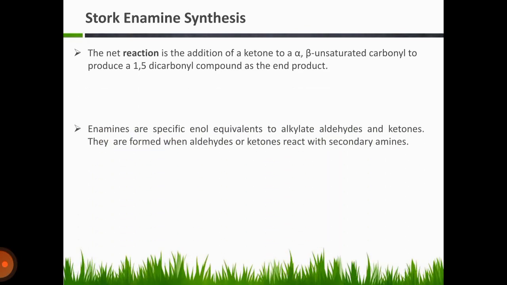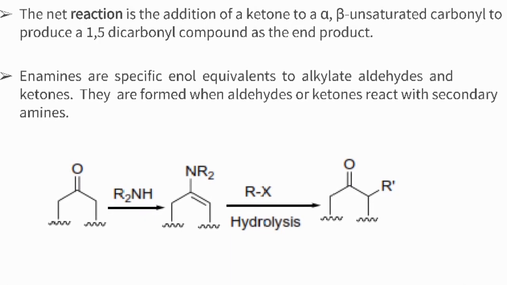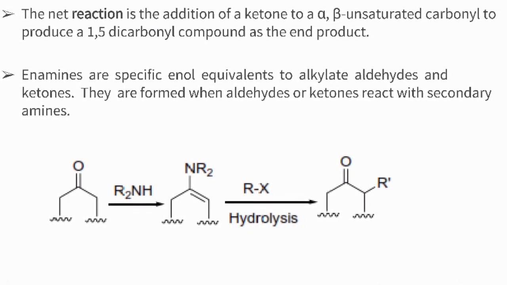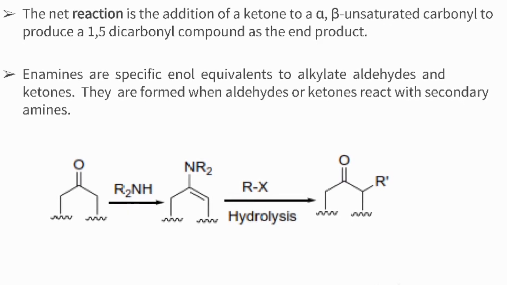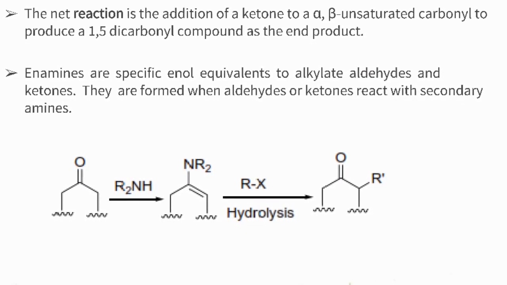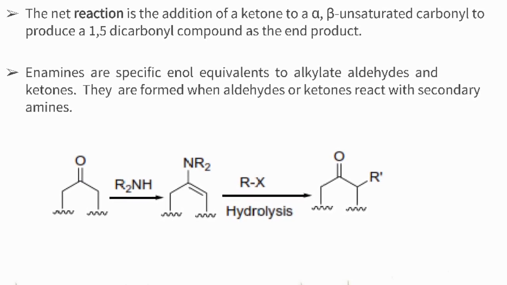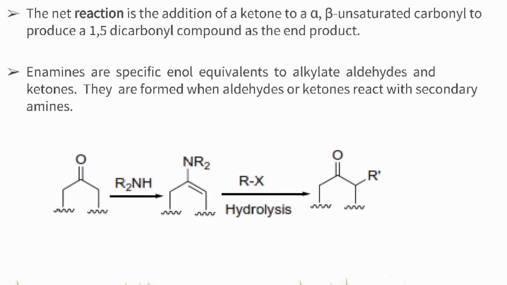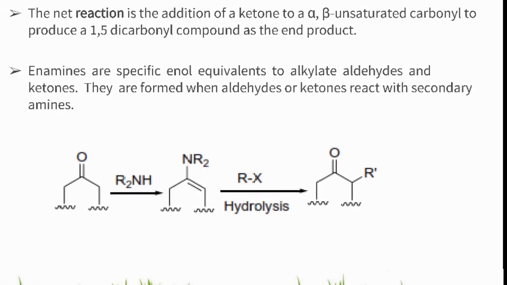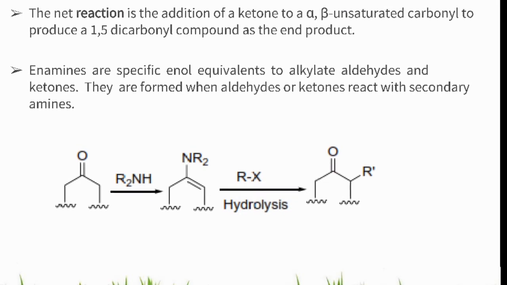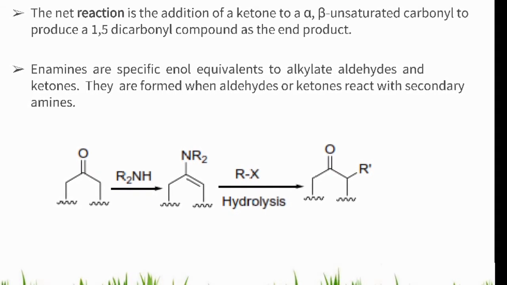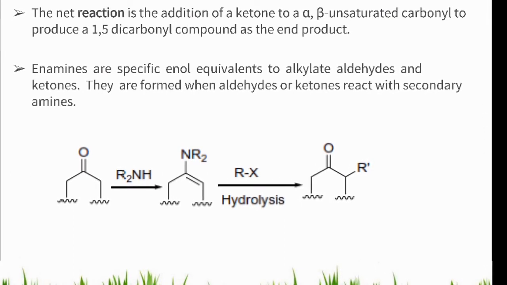Enamines are specific enol equivalents to alkylate aldehydes and ketones. They are formed when aldehydes or ketones react with secondary amines. So this is how the reaction happens. The enamines are getting alkylated, and by hydrolysis we could remove the secondary amine part. The mechanism shows how they react with the alkylating agent to form a new carbon-carbon bond. That is the important point.